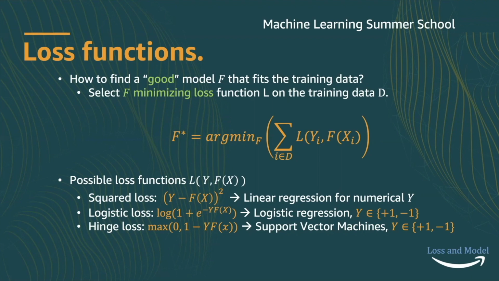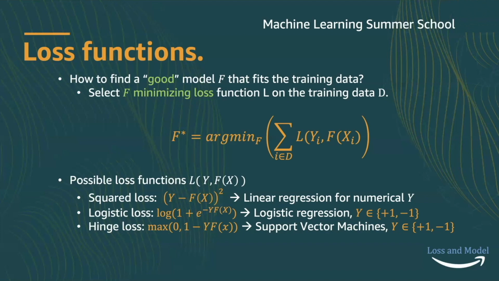Let's call that a function F, and F of X is the prediction that you are making for that particular input, of which the true value is Y. So F of X is an estimate that you are making of Y.